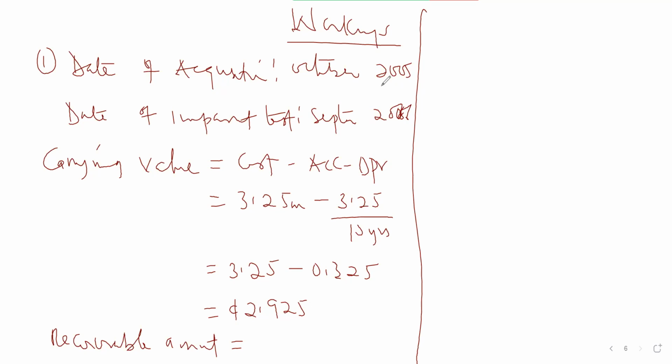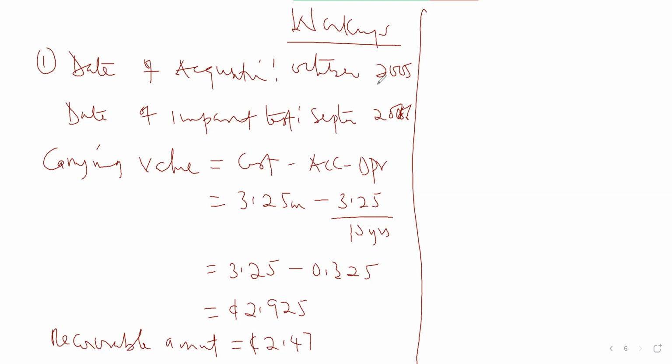What do you mean by value in use? If they are to continue using the asset, the cash flow or the income they'll be receiving at the end of the useful life of the asset, discounted to present terms. Yeah, that is it.